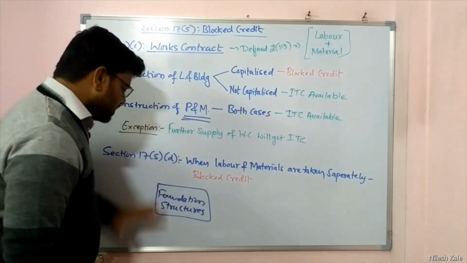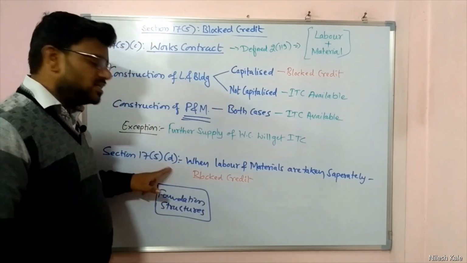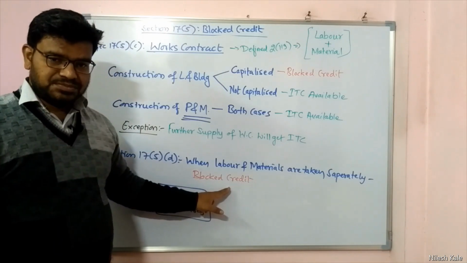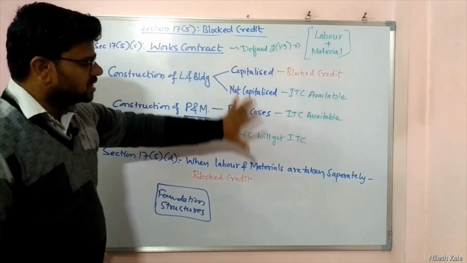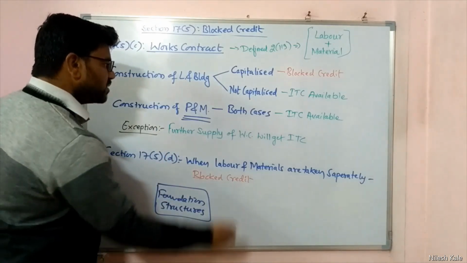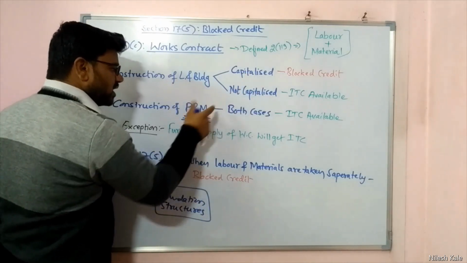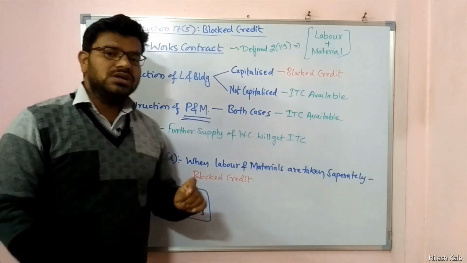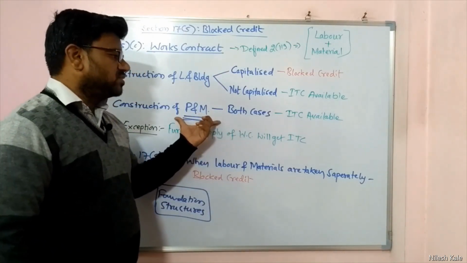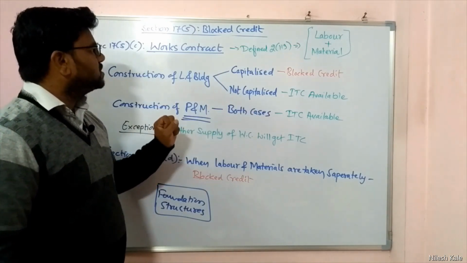In this case, the GST Act says it is a blocked credit, right? There is nothing difficult in works contract. It is only this much. You have to remember land and building separately and plant and machinery separately. I suggest you please go through the definition of plant and machinery, right? This is all about works contract.